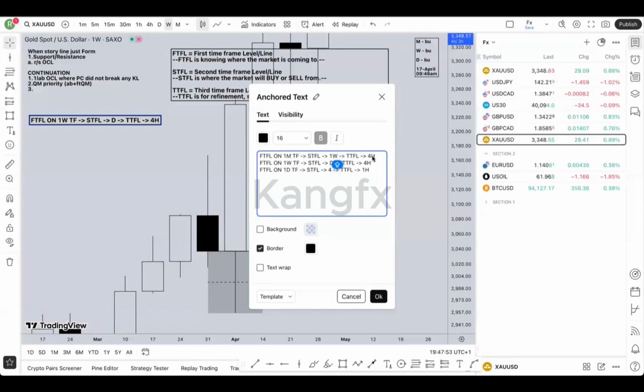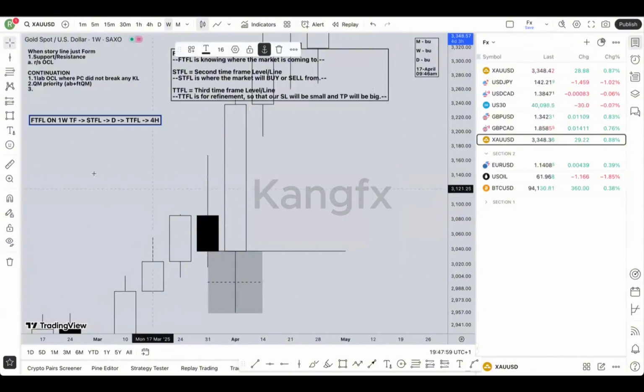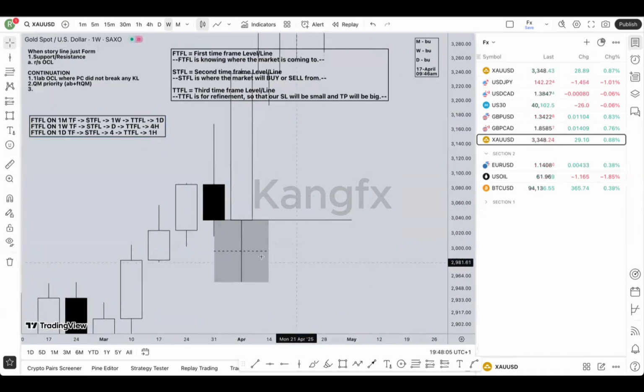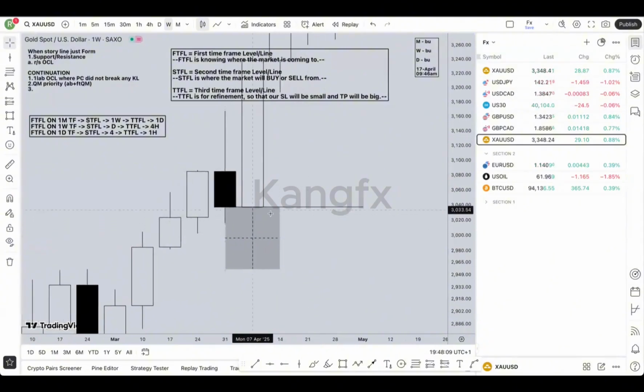Then our TTFL is going to be on daily. That's the progression. So this one here, the FTFL is on weekly. So after marking out our area where we're going to look for the next key level to use, we are going to go down to daily because FTFL is on weekly.